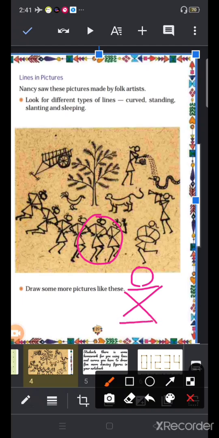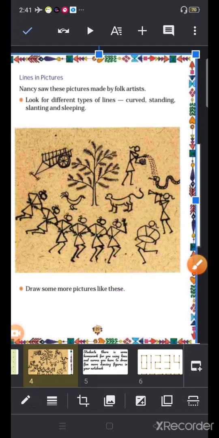Like this you can draw any type of picture, figure, dancing figure. Okay, like this you can use different types of lines. So same, you will use curved line, standing line, slanting line and sleeping line. With the help of these lines, you will draw some more pictures here, at least 2 pictures down here.